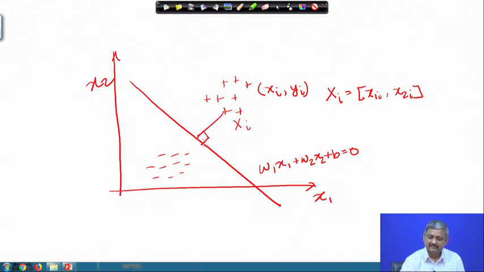What is the perpendicular distance of a point to a line? You remember from your class 12 coordinate geometry, the perpendicular distance of a point (x1, y1) to a line of this form. Let me write down.